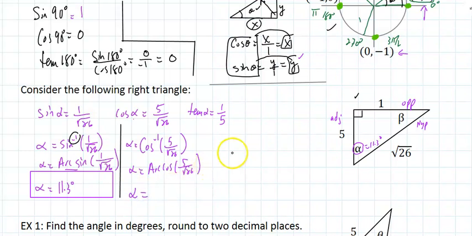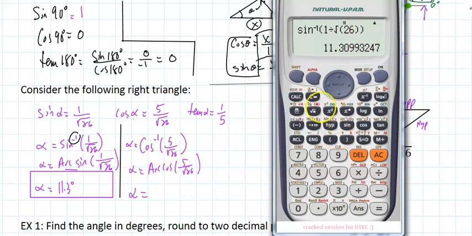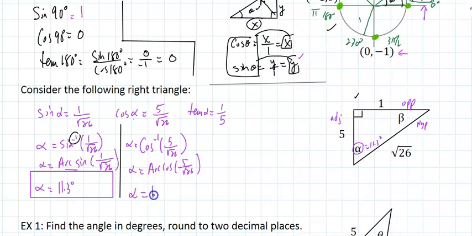What if I go for inverse cosine of 5 divided by the square root of 26? I'll get 11.3. Hopefully you're not surprised.